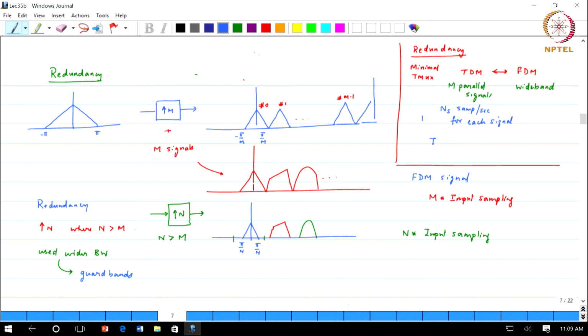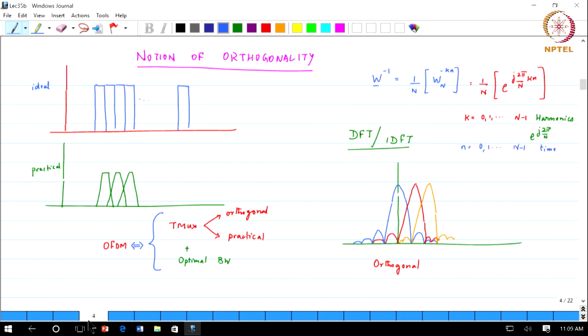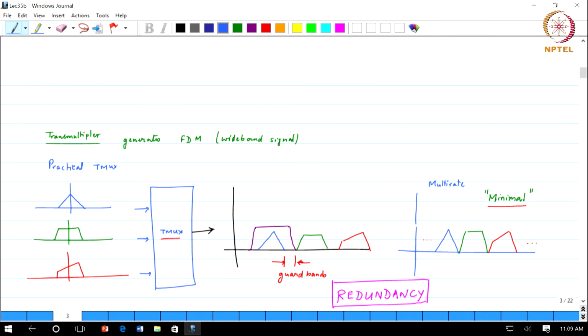So, the total is m times ns. Now, that is what the parallel branches give you, right. The parallel branches have m branches of them. Now, on this side, each of these is ns and you have m of them, and because of the upsampling this becomes m times ns, right. So, that is a minimal transmultiplexer.